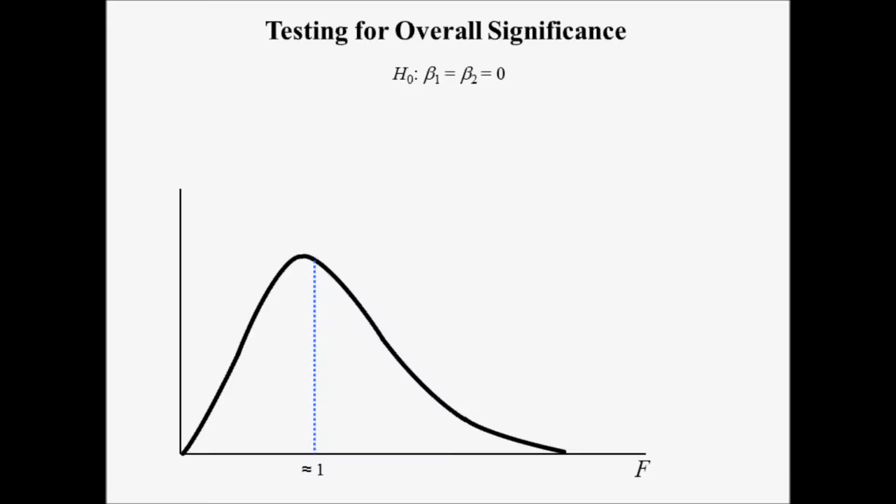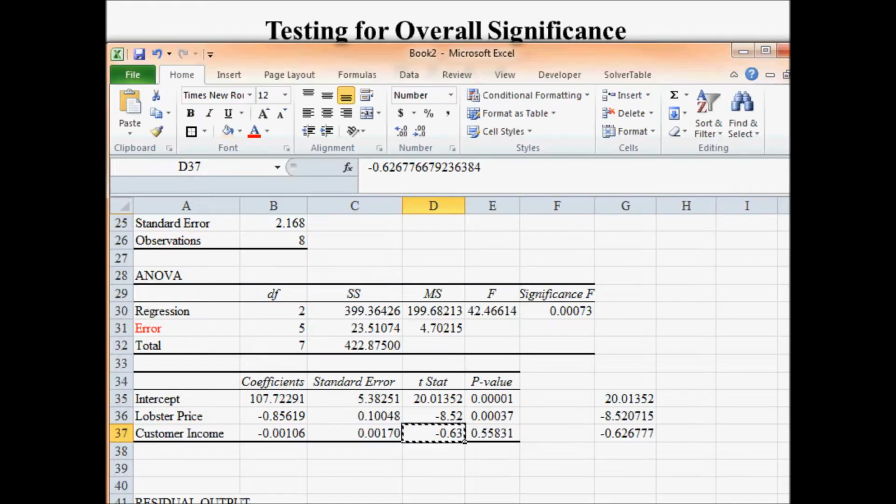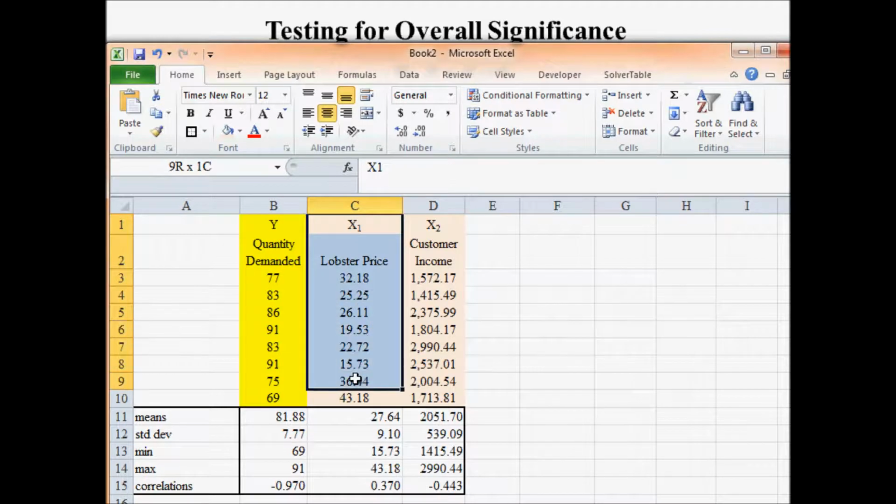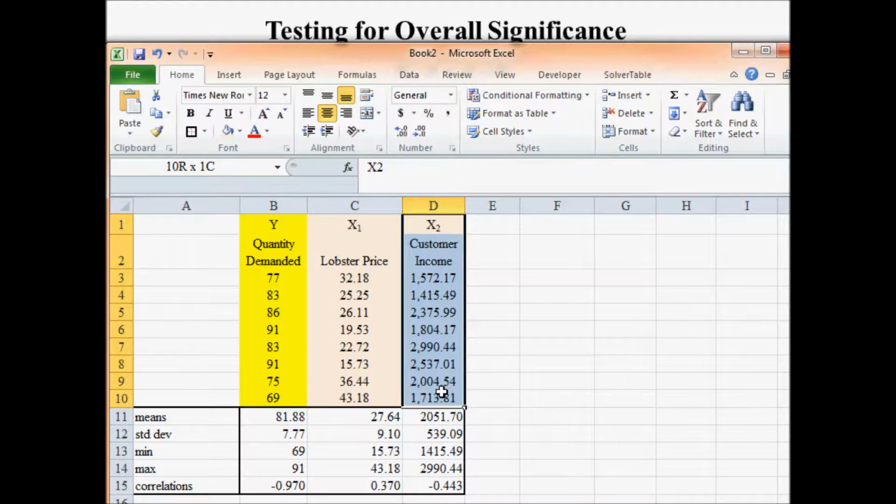We estimate those betas with the b's, b0, b1, and b2. In this example on Cengage Now, our model is y, the quantity demanded, equal to a linear function of lobster price, x1, and customer income, x2. So our model includes 2 x variables.